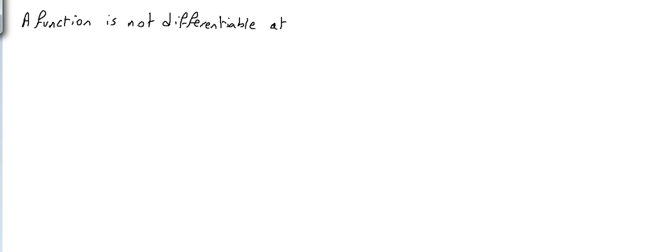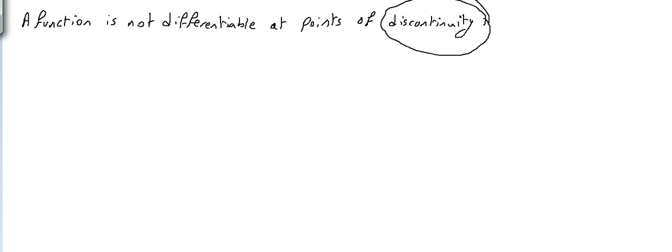At points of discontinuity. What does that mean? How can we prove that if a function is discontinuous, this means for sure it's not differentiable? How can we prove that?